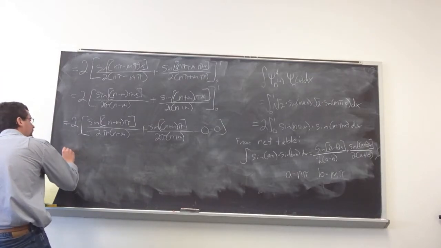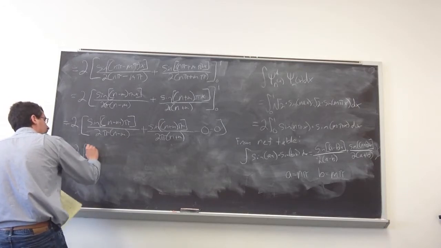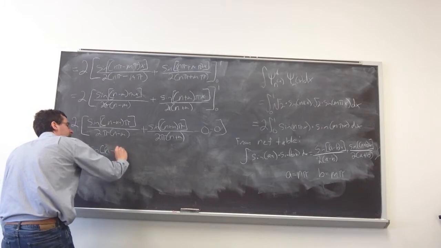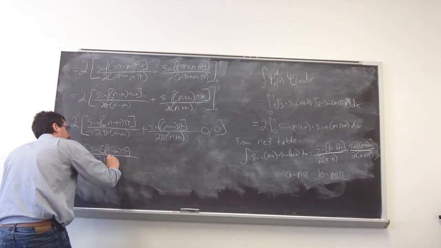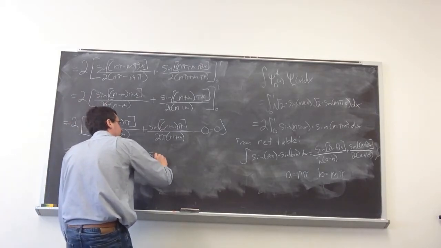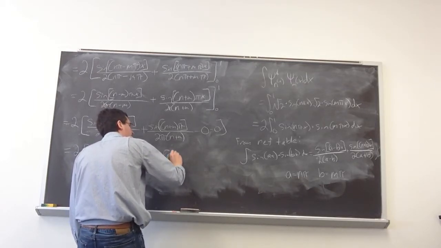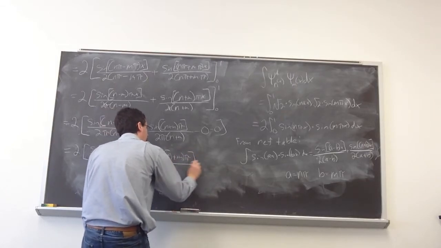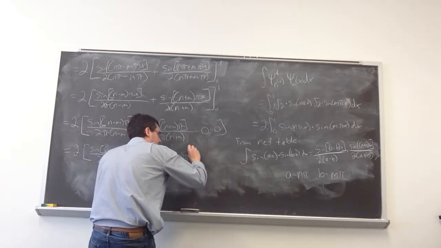Now, what we get as our overall result is 2 times sine of (n minus m) pi over 2 pi (n minus m), plus sine of (n plus m) pi over 2 pi (n plus m).